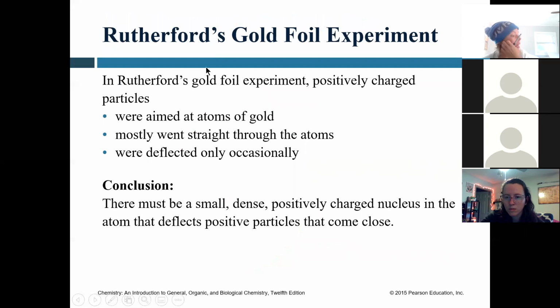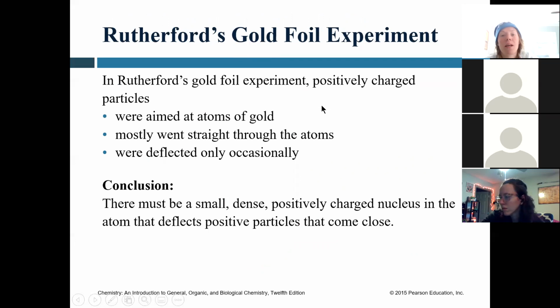So then this next guy came along, Rutherford, and he ran what's called the gold foil experiment. He had a really thin piece of gold that was just an atom or two thick, and he decided to shoot alpha particles at it, alpha particles being really high energy particles.